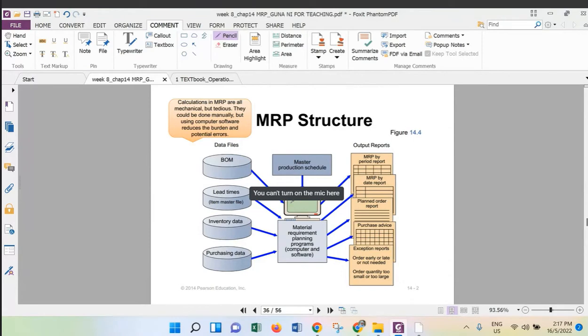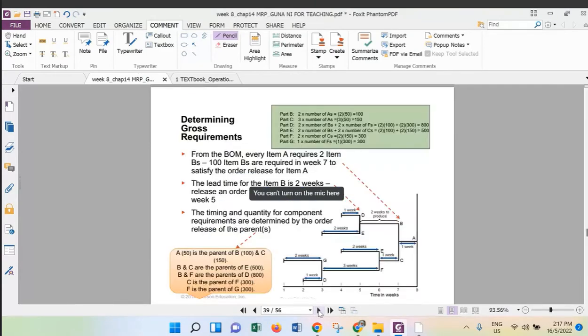Dalam syarikat, you cannot solve MRP manually. Normally, the MRP comes as a computer package dan install dalam komputer. Tetapi apa yang kita nak buat hari ini adalah kita nak buat MRP secara manual.